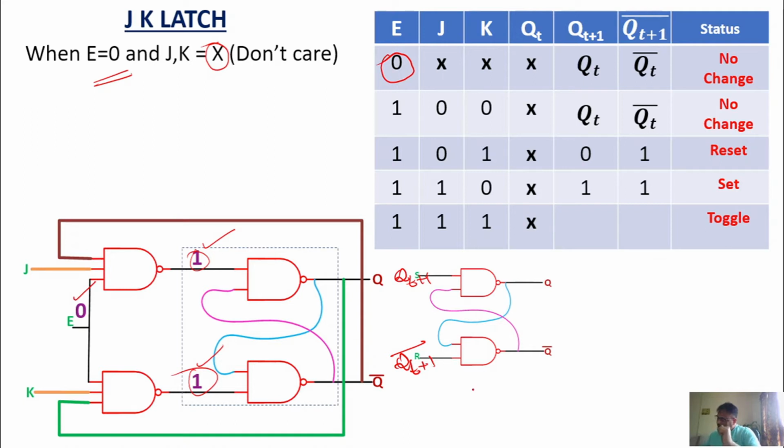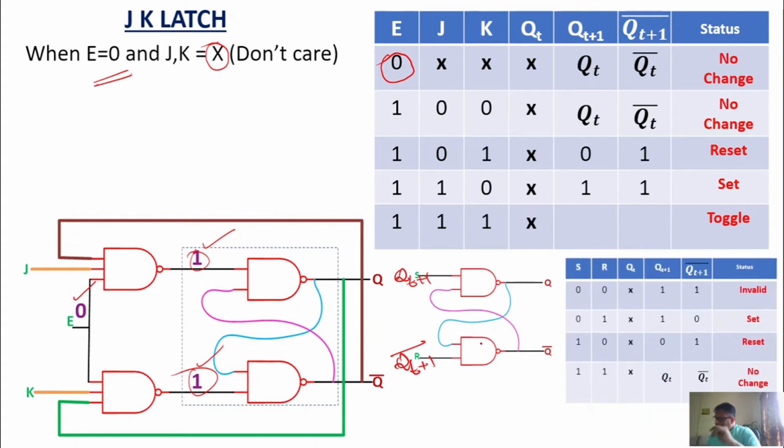This is the NAND SR latch which you have studied. Now you have the truth table for the NAND SR latch. This is the truth table for NAND SR latch. Now when the input to NAND SR latch is 1 1, what is going to happen?